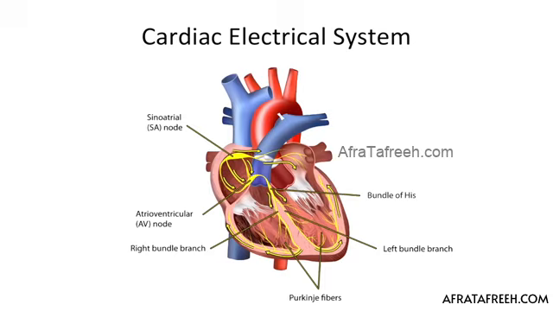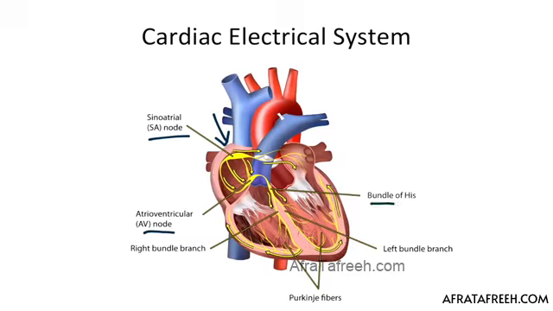The major components of the system include the sinoatrial node, which you can see is near the opening of the superior vena cava within the right atrium, the atrioventricular node, the bundle of His, the right and left bundle branches, and the Purkinje fibers. For step 1, it's important to know where the anatomy of each component of the electrical system is. It's common for examiners to test you on the exact location of the bundle of His, the SA node, or other components of the system.